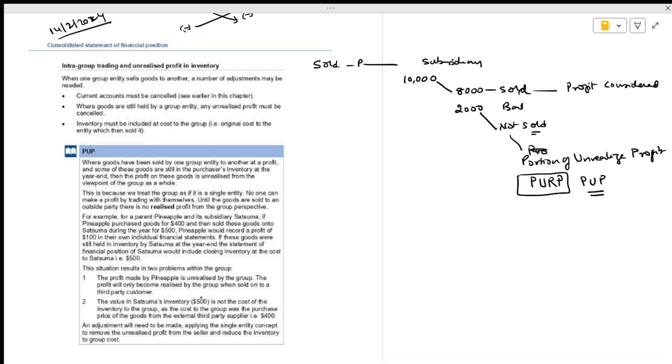They will mention very clearly that this much amount of goods has not been sold, and this is the margin we are going to calculate.